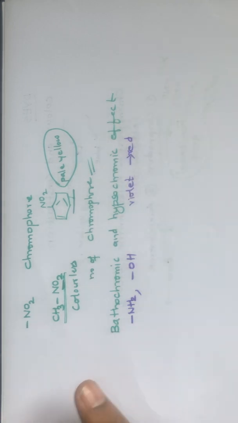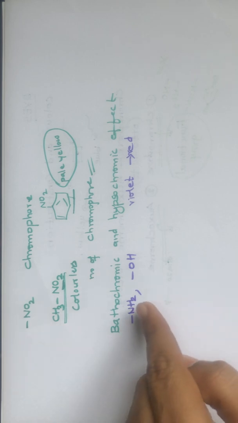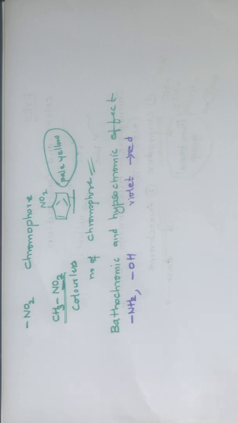You know VIBGYOR, so the shifting of color from violet to red takes place due to the introduction of NH2 groups and OH groups. The auxochrome deepens the color by extending the conjugated system between the chromophores and the auxochromes.